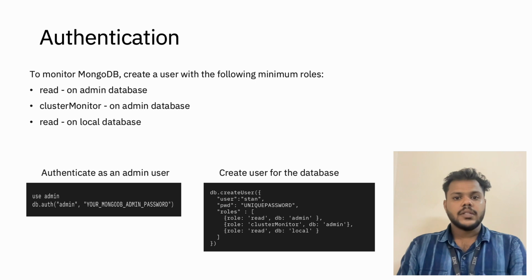At first, switch to the admin database and authenticate using your MongoDB admin credentials, which is shown on the left side, and on the right side we have the command to create a user specifically for the Instana agent with the necessary roles as mentioned. If you're using MongoDB Atlas, the user with all the assigned roles can be created only through the MongoDB Atlas Management Console.